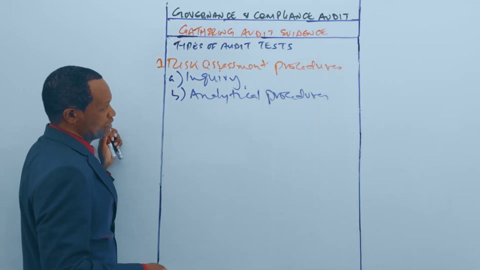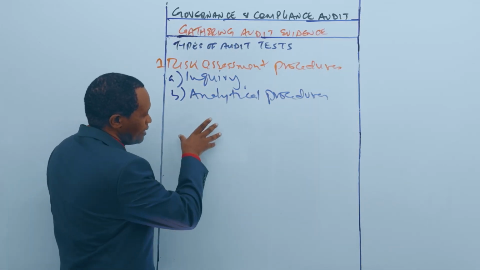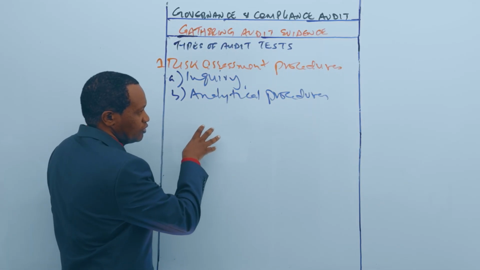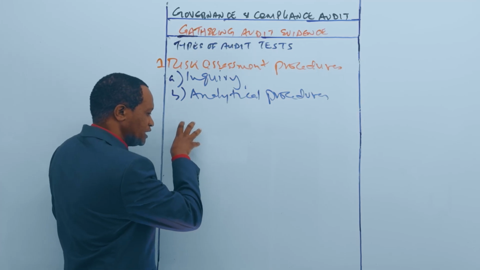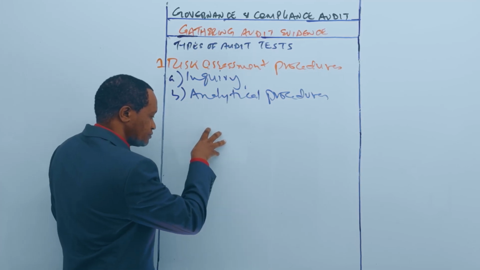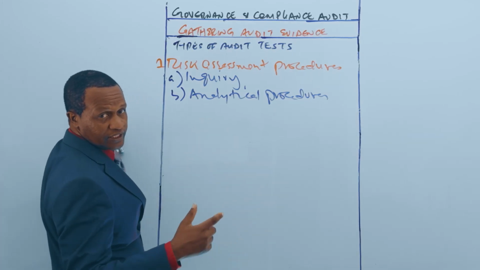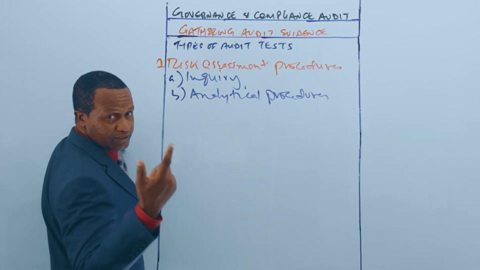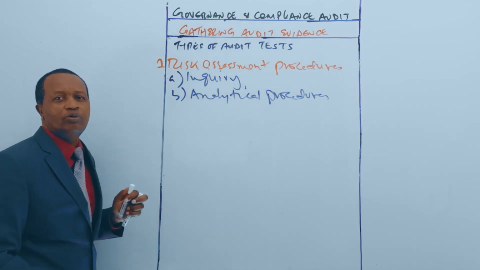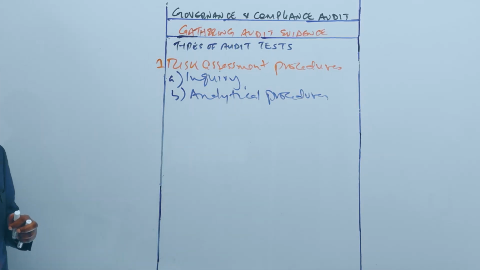Look at the expense you are calling legal expense. If it has doubled, that might indicate non-compliance. Looking at the high-level trends.